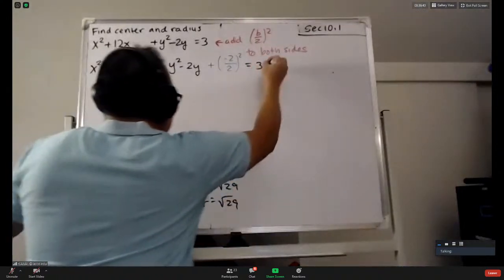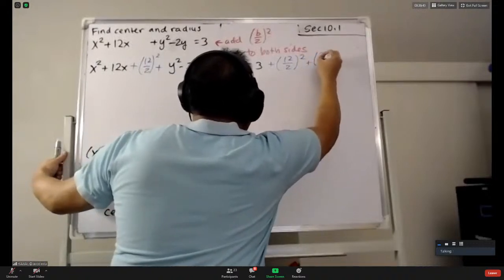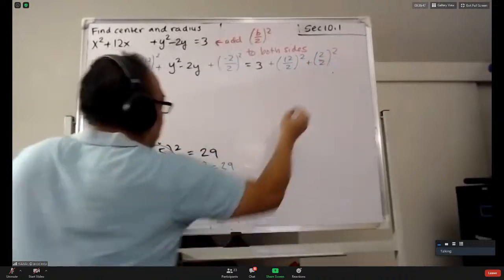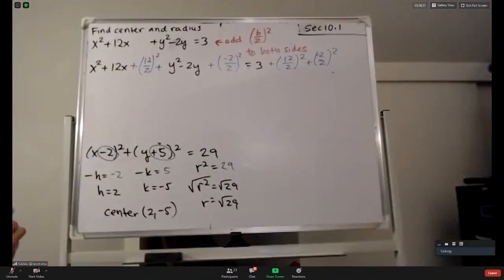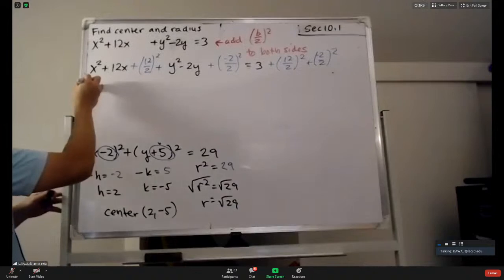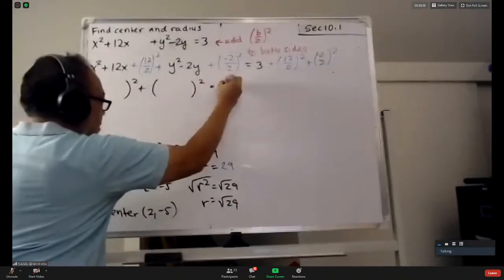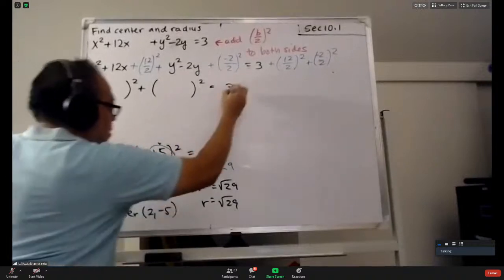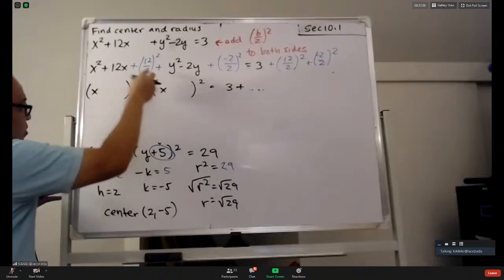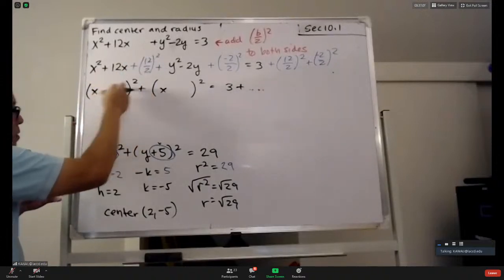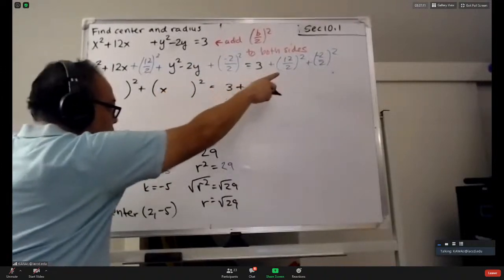And then over here, I need to add the 12 divided by 2 squared. Like that. And this is the minus. Okay. So go ahead and, okay, so this part's the same. So remember, this inside goes here, this inside goes here, sign and all, and then you got to square all that stuff there.